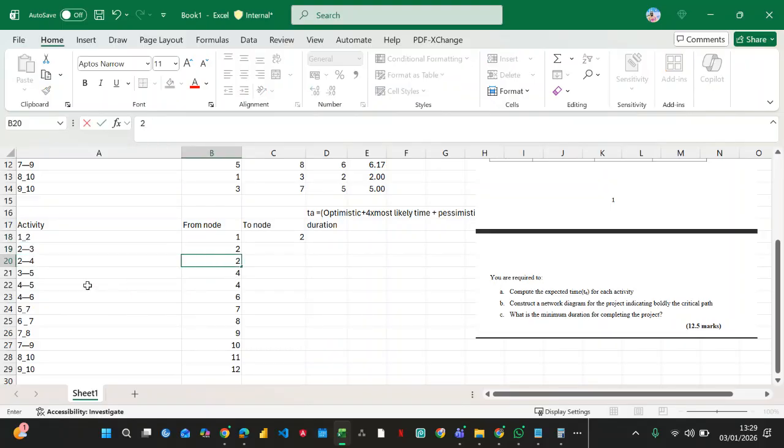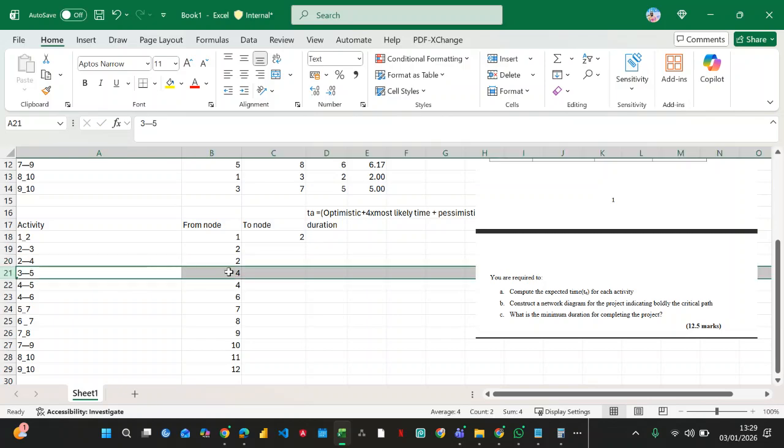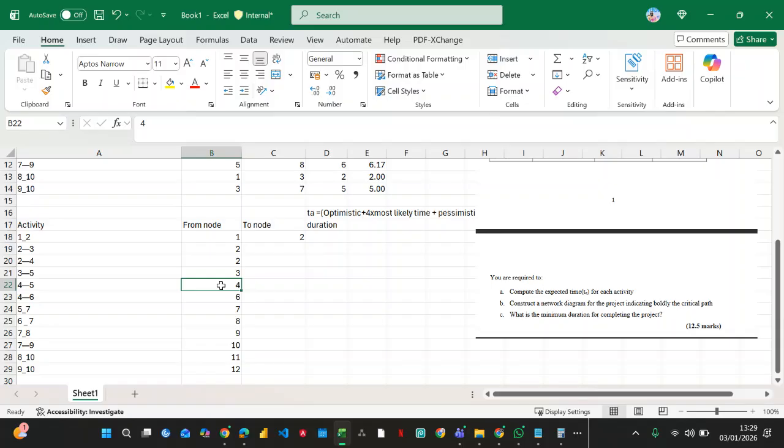So this is one, this is two, this is also two, and then I have two, and this is three. This is three, this is four, and this is four. Then this here is five, here is six, here is seven, seven again, and then I have eight, then I have nine.